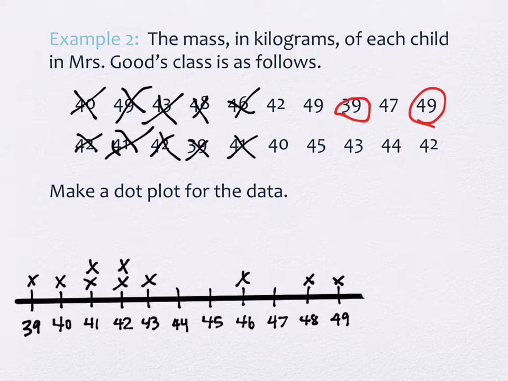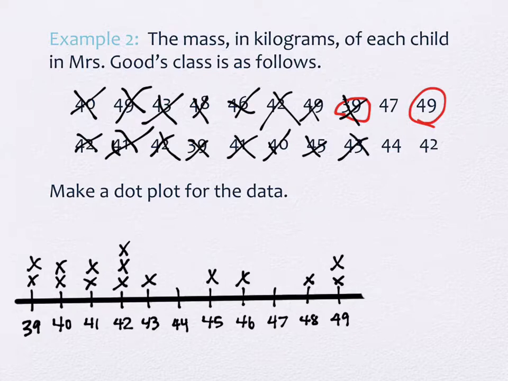Now I've got 2 in the 41 column. 42 and 40. 49 and 45. 39 and 43, 47 and 44, and you wouldn't necessarily have to have all the values represented. They are here, but they wouldn't have to be. And then 49 and 42.